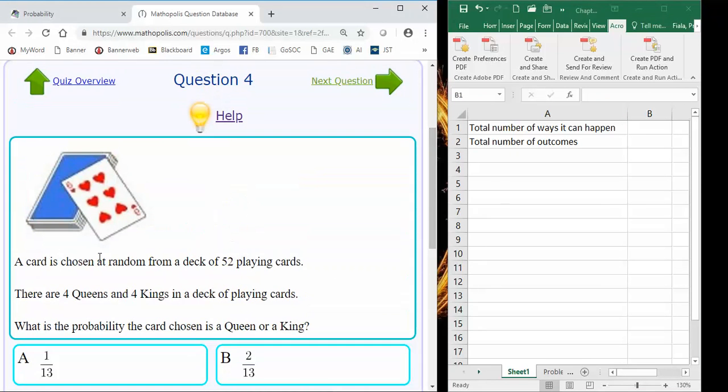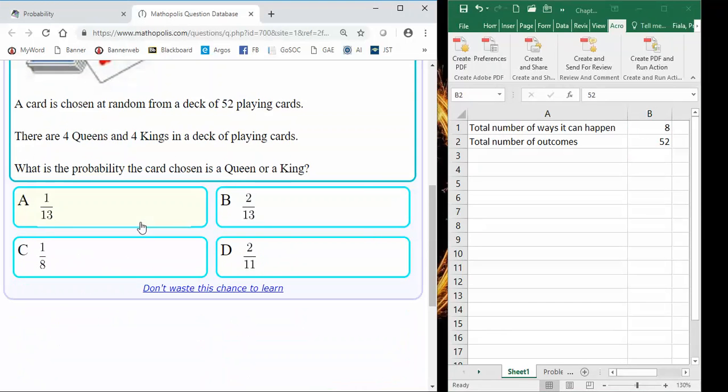Okay, so a card is chosen at random from a deck of 52 playing cards. Here we go. We have our total. There are 4 queens and 4 kings. What is the probability the card chosen is a queen or a king? So we have 8, so we have to include all of them, out of 52. Right here, obviously, they reduce the fraction.